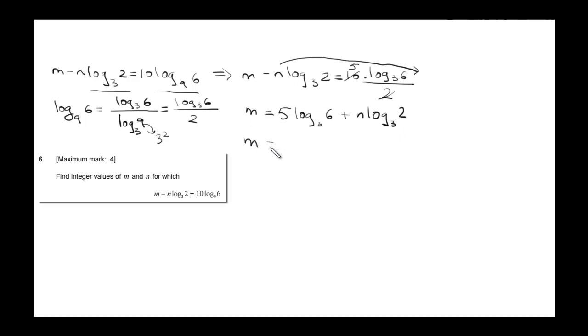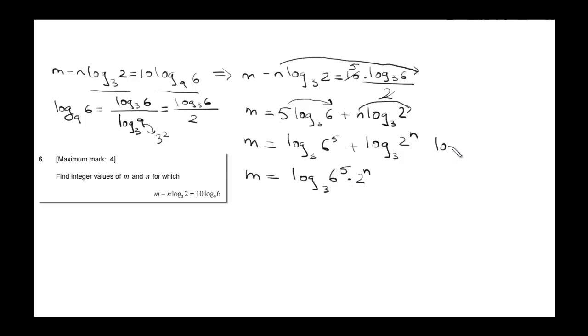Therefore m equals, 5 gets inside as a power, log base 3 of 6 power 5, plus, in the same way n gets inside, log base 3 of 2 power n. Therefore m will be equal to log base 3 of 6 power 5 times 2 power n.